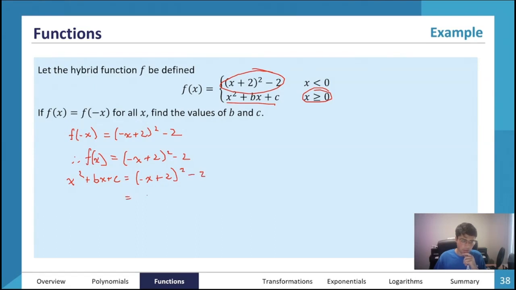Expand out the right side, we're going to get x squared minus 4x plus 4 minus 2. And that's going to be x squared minus 4x plus 2. Then we can use that trick we learned earlier, equating coefficients. This implies that b is equal to negative 4 and c is equal to 2.